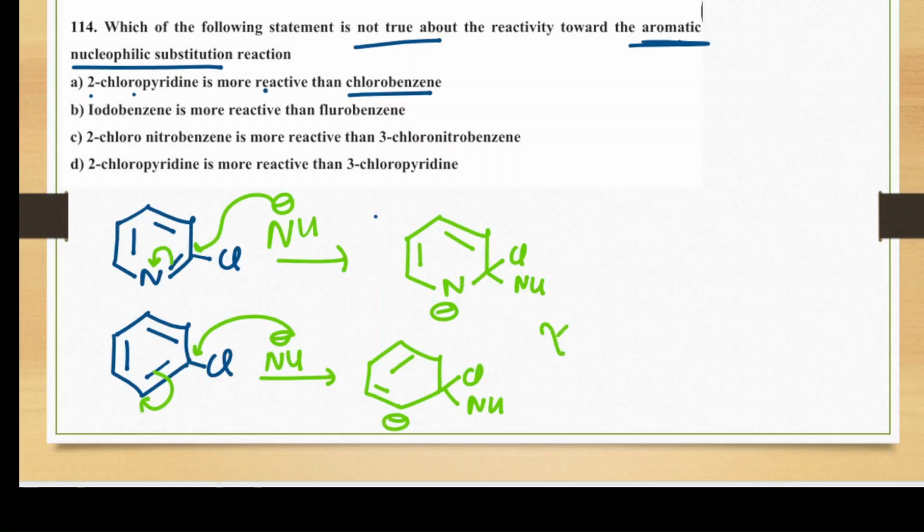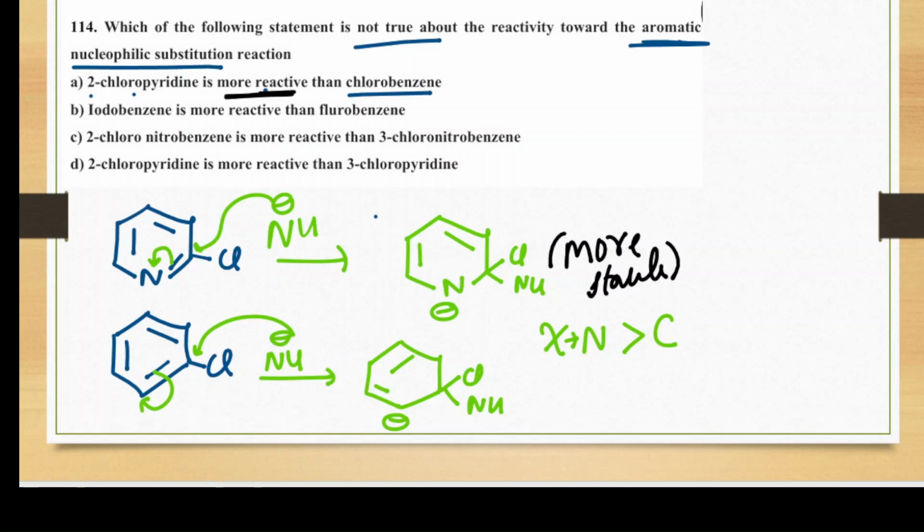We know that the electronegativity of nitrogen is more than that of carbon. So the negative charge in the 2-chloropyridine case will be more stable. So the reaction is feasible in this case and not in the case of chlorobenzene. So it is the correct statement that 2-chloropyridine is more reactive than chlorobenzene.